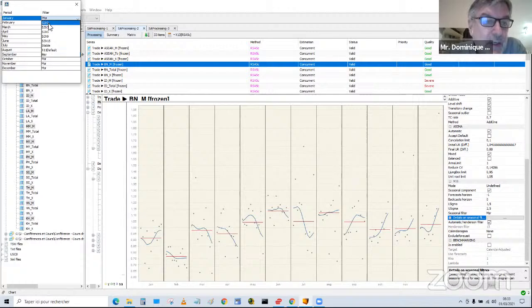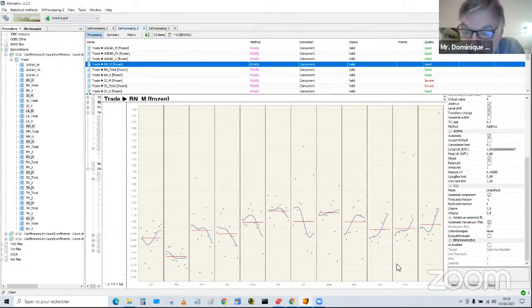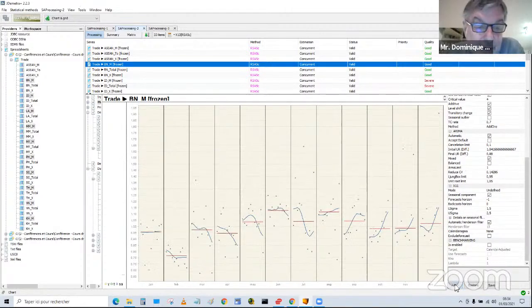So we saw what is 3x3. Now let us take a stable one, okay? So I say stable for January. So I have to close it, okay? And I say apply. So I will have a red curve here.